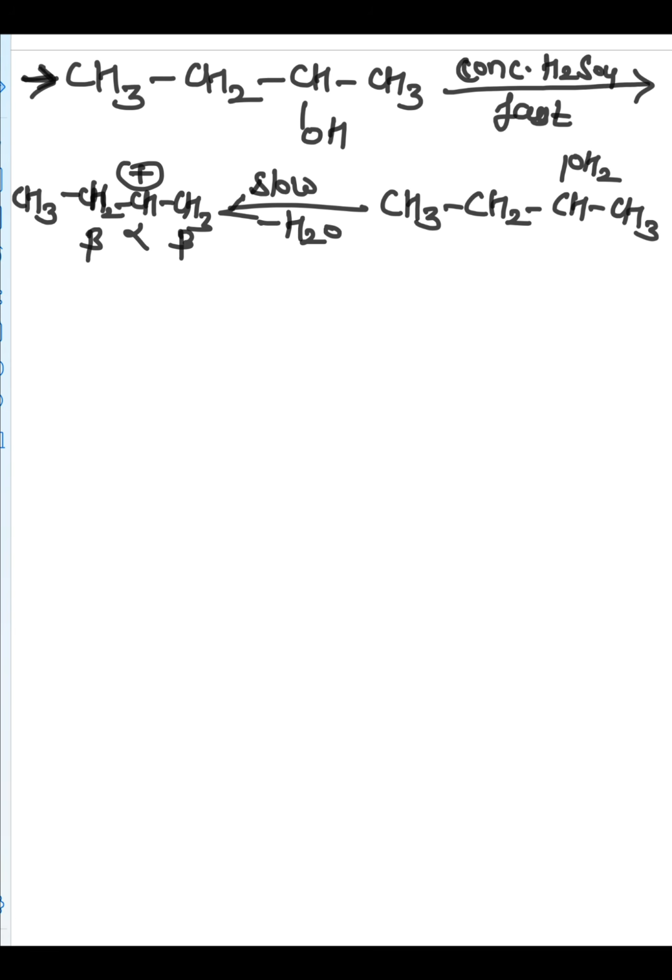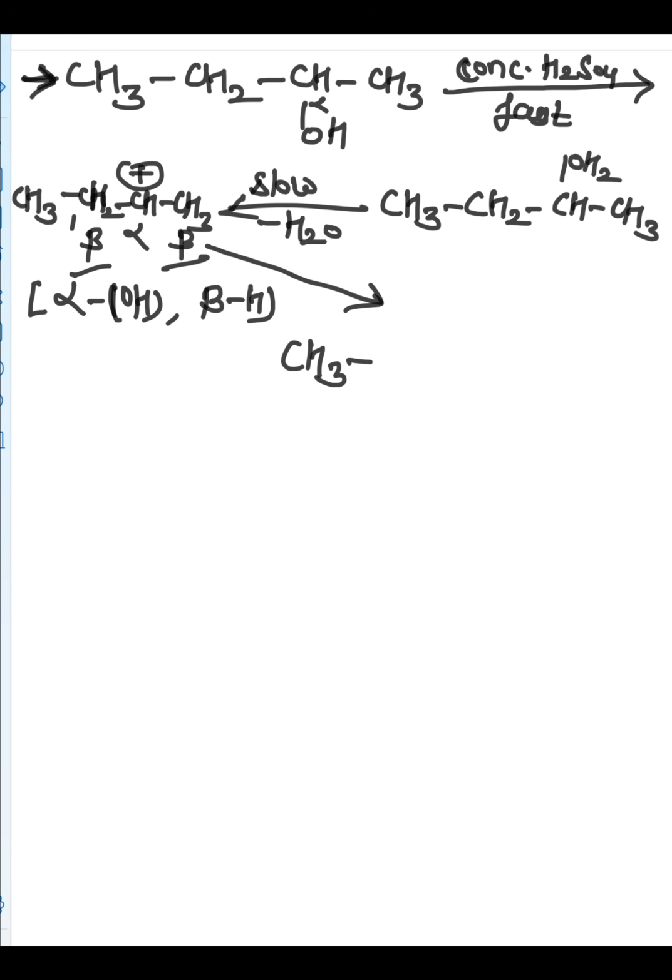Alpha, beta, alpha, beta. This is your alpha. In this reaction, you have to remove alpha से OH and beta से H. Now you will remove either this beta H, or this beta H, or this one.